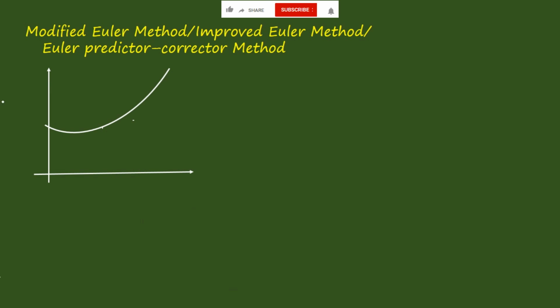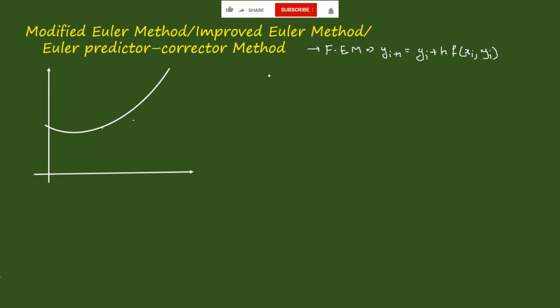Coming now to modified Euler's method, improved Euler's method, also known as Euler's predictor-corrector method. If you consider the forward Euler's method, the general formula that we know is y of i plus 1 is equal to y of i plus h into f of x of i comma y of i.